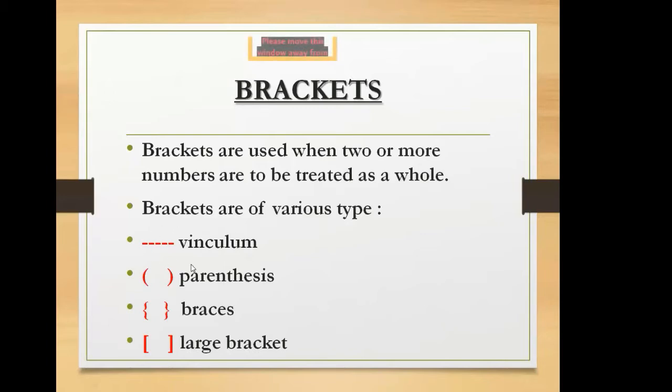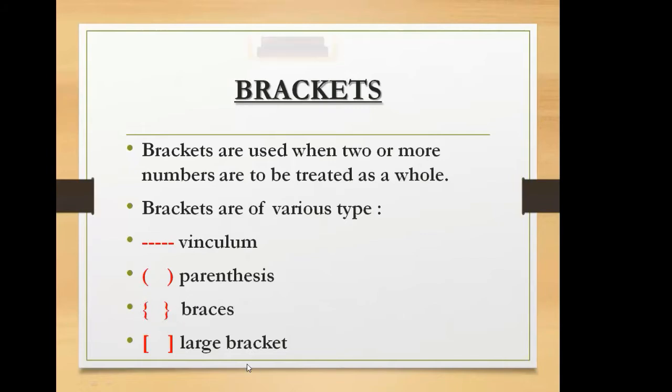Look at bracket number one, vinculum. Vinculum is represented by a dash. We call it a bar. Parenthesis is represented by a small bracket. Braces are represented as a curly bracket or a flower bracket.